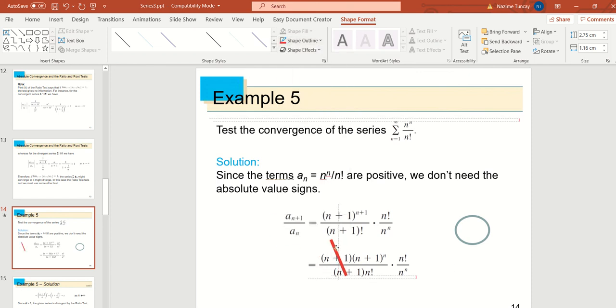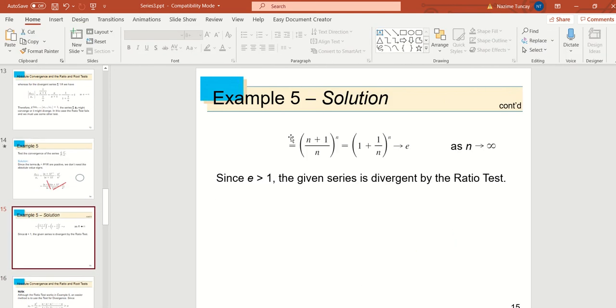This one and this one are cancelled, and same with the other ones. So we have n plus 1 to the power n over n to the power n.